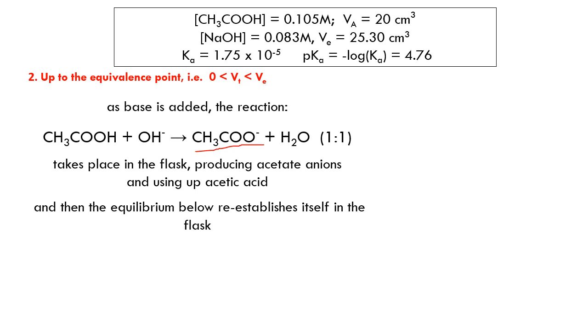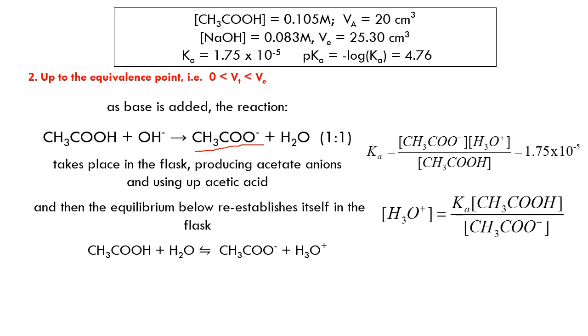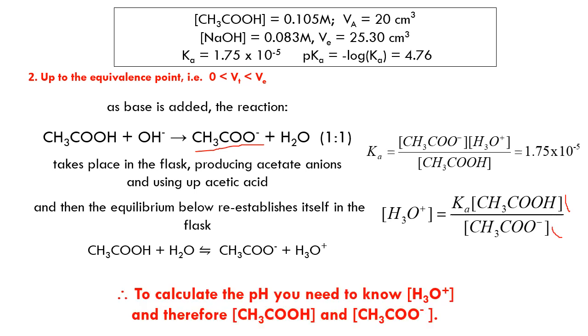When this happens, the equilibrium that we looked at before, between our acetic acid and acetate ions, re-establishes itself in the flask. In order to figure out what the concentration of our hydronium ions will be, we have to think about this equilibrium. The hydronium ion concentration is going to be related to the Ka of your acid, the concentration of acetic acid in the solution, and the concentration of acetate ions in the solution.